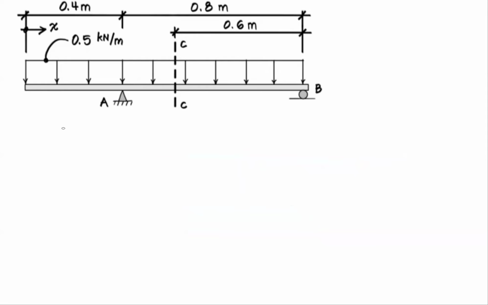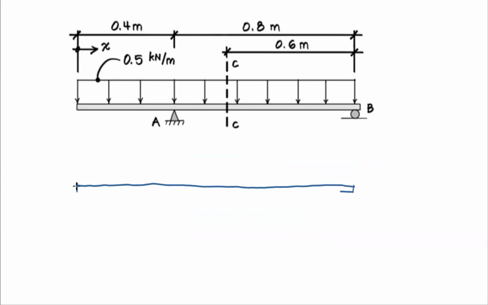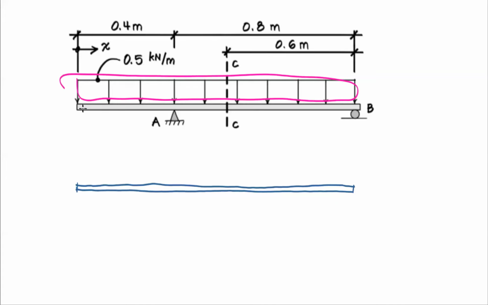Now we need to solve for B sub y. To do so, I want to take a free body of the entire beam. My resultant force is now the area under all of this. It's going to be smack in the middle here. So it's not going to be at, actually it is going to be at plane CC, isn't it? Okay.